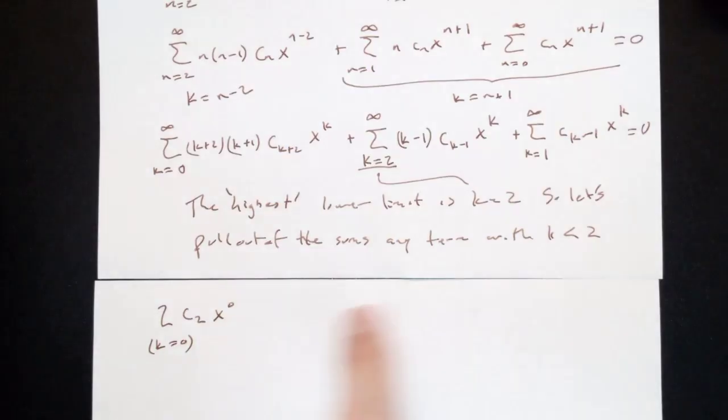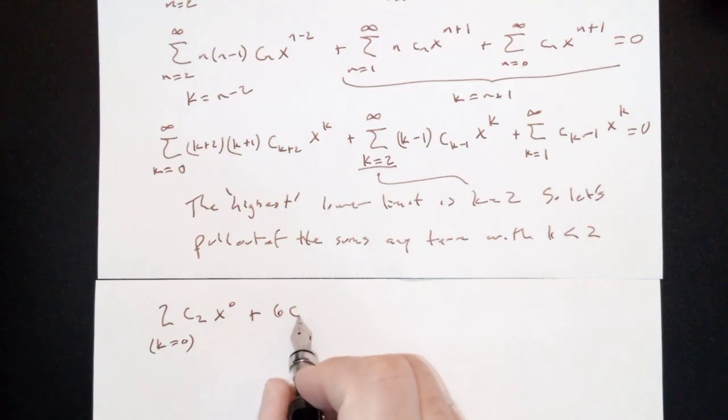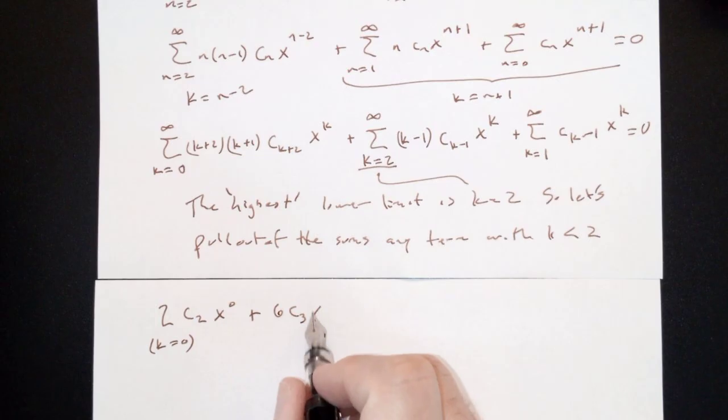But I also have to pull out k equals 1. So what do I get when I put in a 1? 6 c3 x.